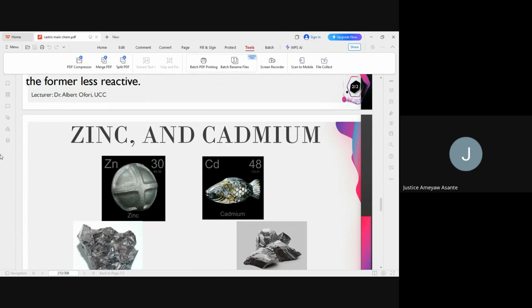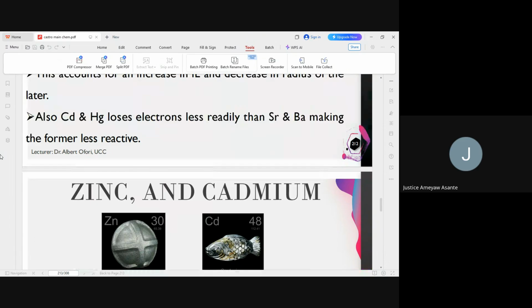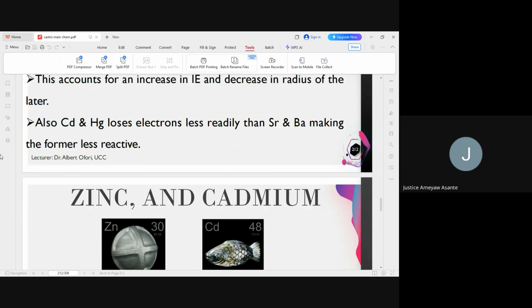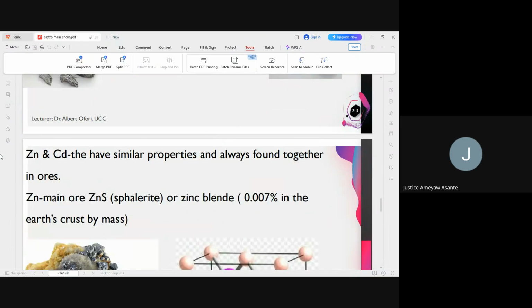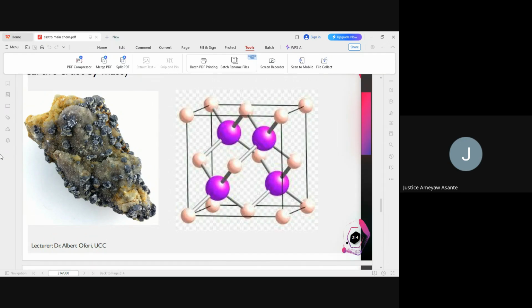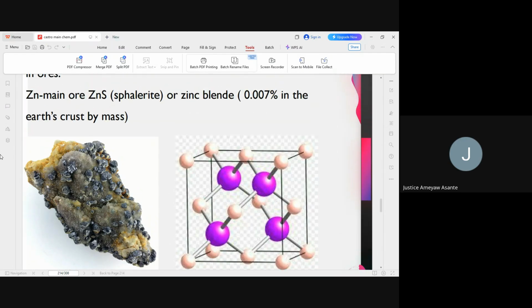I'll come back to them. So why is it used? Also, cadmium loses electrons less readily than zinc, making the former less reactive. So this is their shape and movement.